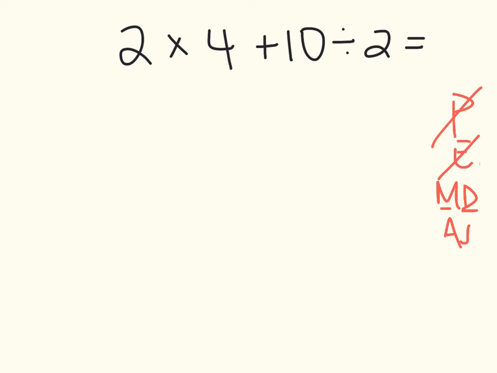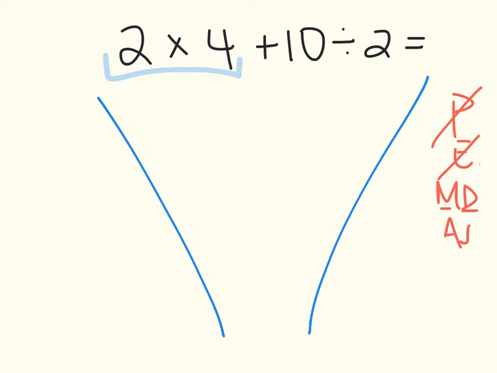Remember that I'm solving from left to right. So even though I have a multiplication problem and I have a division problem, I'm still going to solve the multiplication part first because that's on the left side of my equation. So I'm going to do 2 times 4 is 8. And I'm going to rewrite everything else. I'm not doing more than one step at a time.